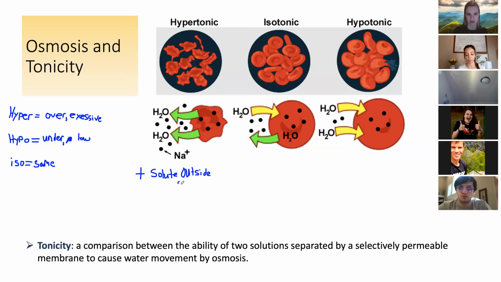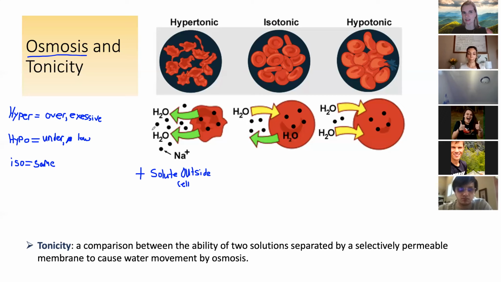So if I am in a hypertonic solution, that means that I have more solutes outside than I do inside. If I'm talking about osmosis, only water can move, right? So you see here, these arrows are showing us that the water is going to leave the cell and kind of dilute this environment outside of it. Does everyone see that?